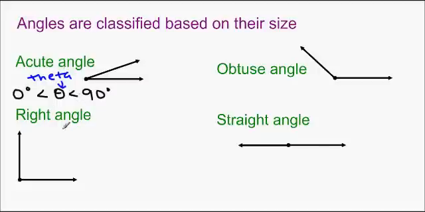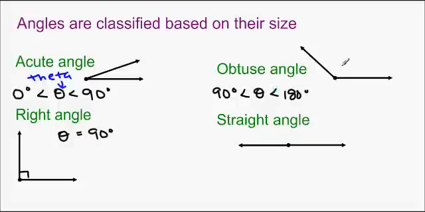A right angle is when theta is exactly equal to 90 degrees. So no more, no less, exactly 90. And that you'll see often a little box there. So that box will stand for a right angle. An obtuse angle, theta is between 90 degrees and 180 degrees.